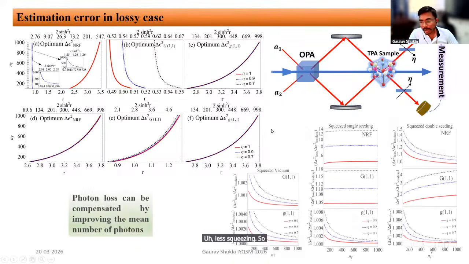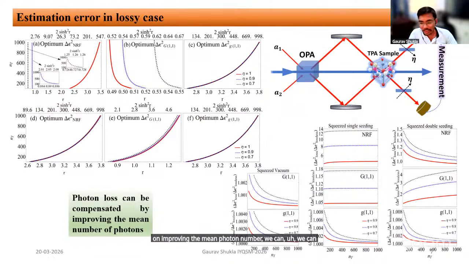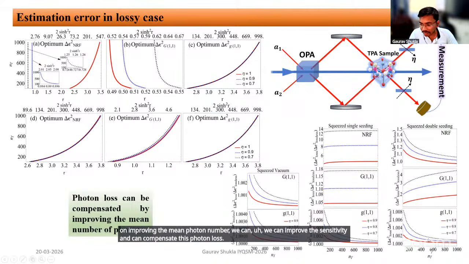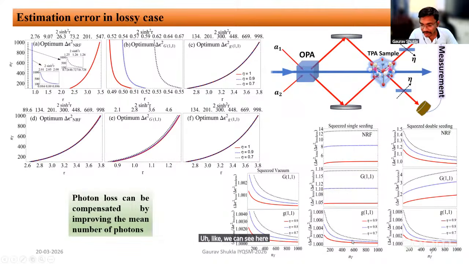We also see that by increasing the mean photon number, we can improve the sensitivity and compensate for this photon loss, like we can see here in this G11 case, in the single seeding case, and in the double seeding case also.